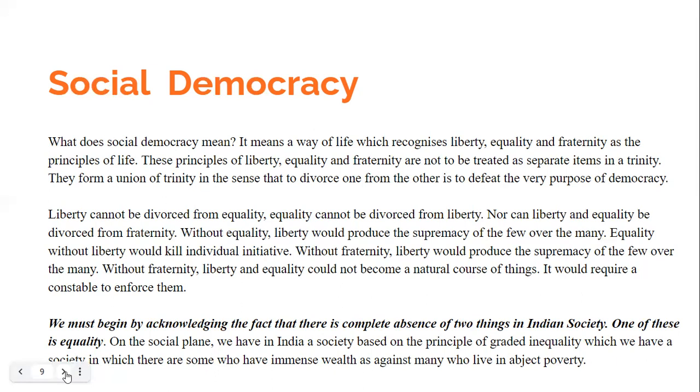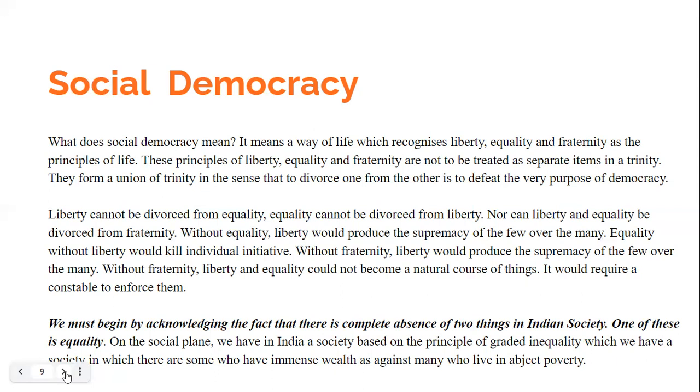So liberty cannot be divorced from equality, equality cannot be divorced from liberty, nor can liberty and equality be divorced from fraternity. Without equality, and equality is very important for him, liberty would produce the supremacy of the few over the many, and these few people would rule the country, and there won't be a real democracy.